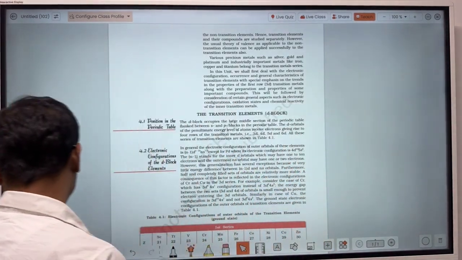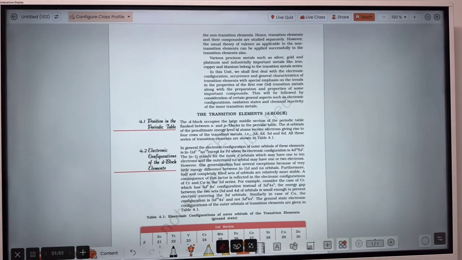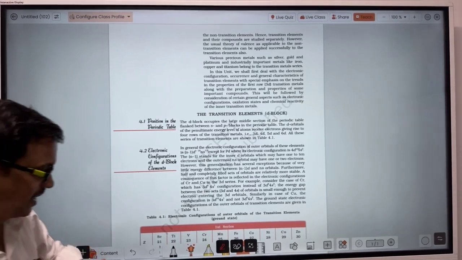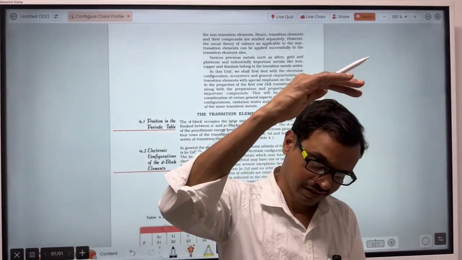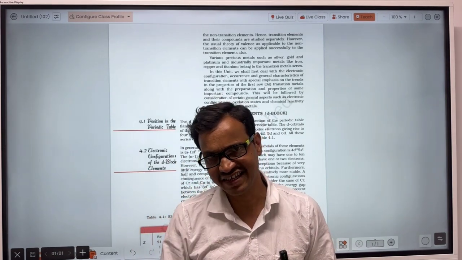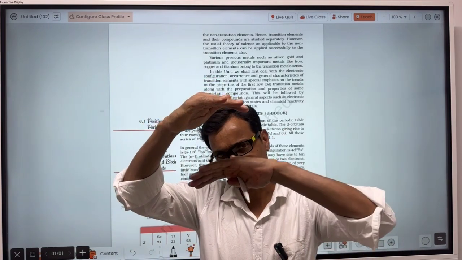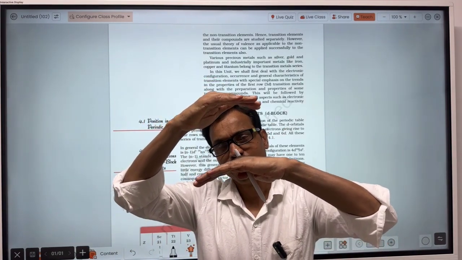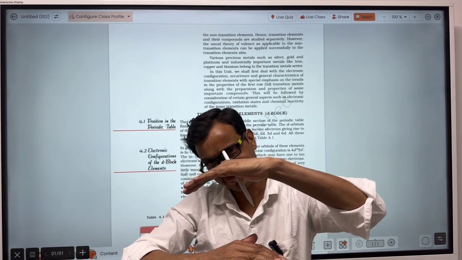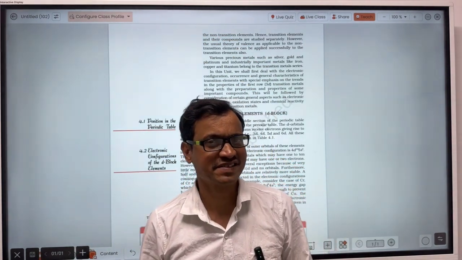Keep in mind, in the case of D block elements, the last electron enters the penultimate shell. Penultimate shell means one shell inner to the valence shell. You know, the valence shell is the outermost shell, the second outermost shell is called the penultimate shell, and one more inner to that is called the inner penultimate shell.